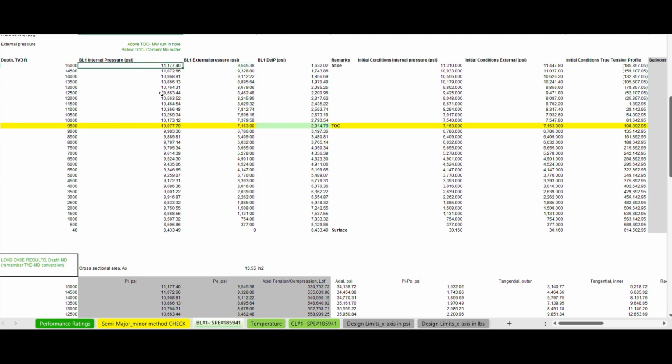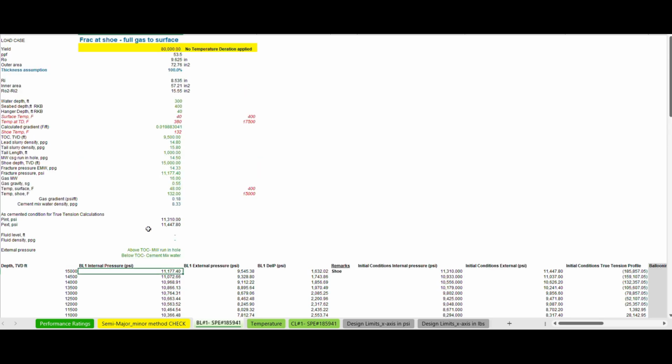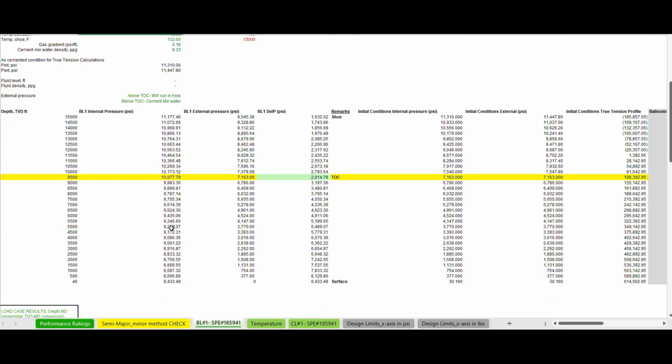So the internal pressure profile, as we mentioned, is calculated based on the compressibility. So you calculate the internal pressure profile originating from the fracture pressure at the shoe, with a given temperature profile, with a given molecular weight, and of course the gravity, which is the molecular weight of the gas with respect to air.